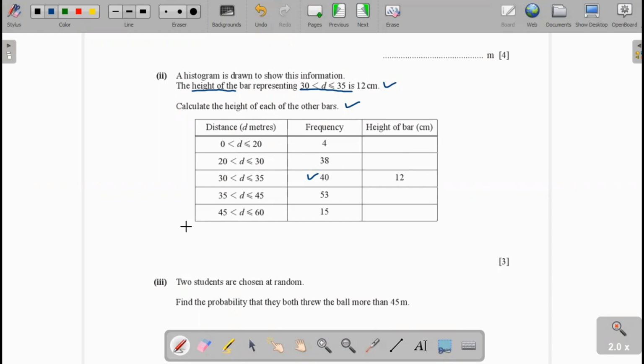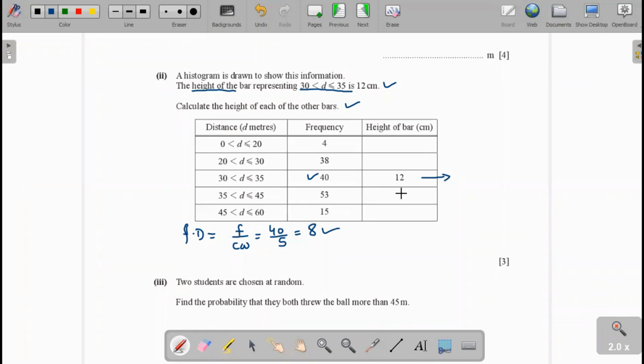Now we see that the frequency density of this interval 30 to 40 will be equal to frequency divided by class width. The frequency is 40, the class width is 5, the difference between 35 and 40. Therefore, the frequency density is 8. But here you see that the height of the bar is 12.